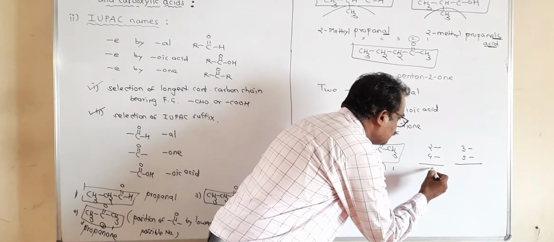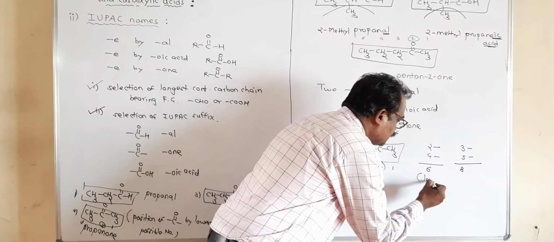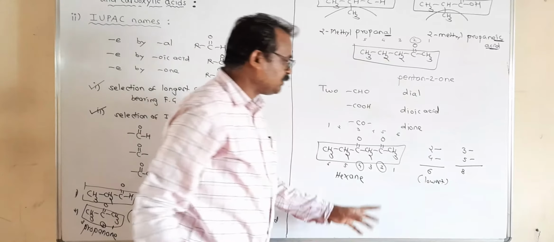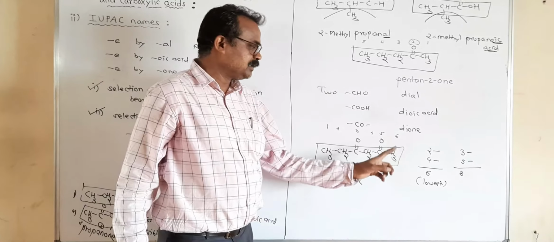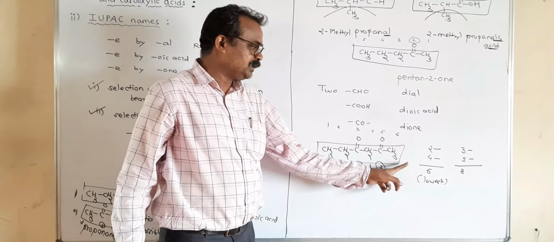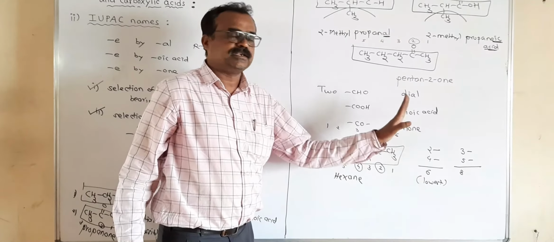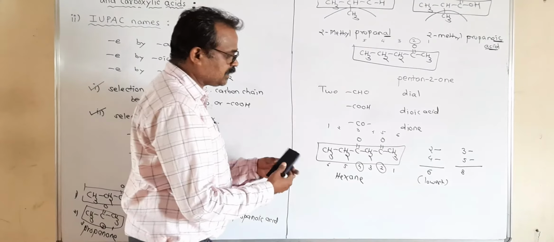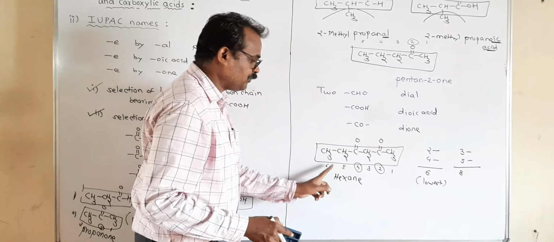So it is 6 and this is 8. So this is the lowest. So the sum of the locants comes lowest, and you always number the chain from the end where the sum of locants comes lowest.